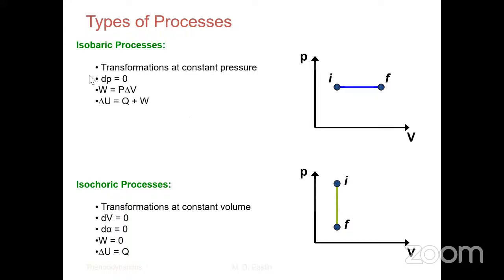So like the isobaric I mentioned to you before. If we now make use of the equation we have, that delta U is Q plus W, the change in internal energy is work plus heat.